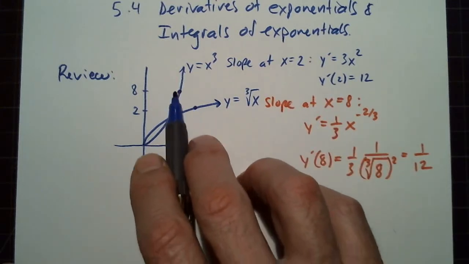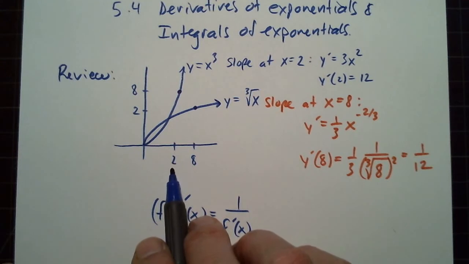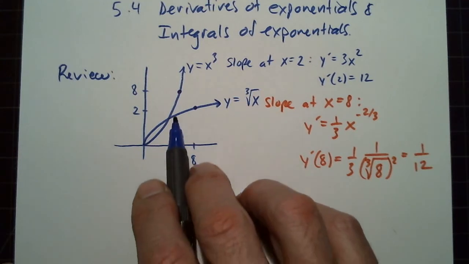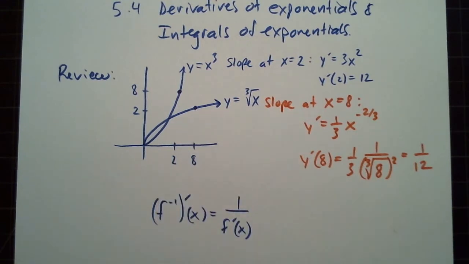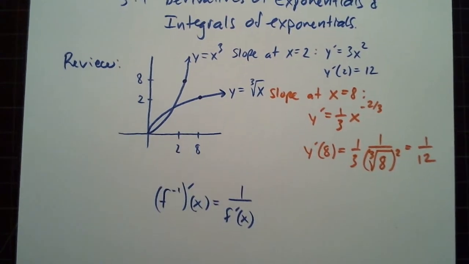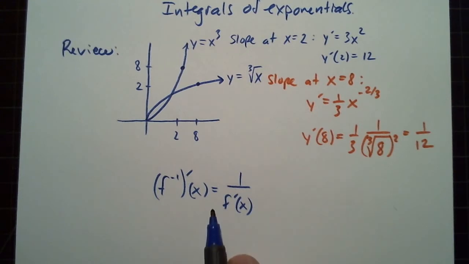They have to be corresponding. The x value of the function is going to be the y value of the inverse, and that's how inverses are related. So we end up with this formula, but you just have to remember that this is an x value of the inverse, and it's a y value of the function. This is an x value of the function, or a y value of the inverse.